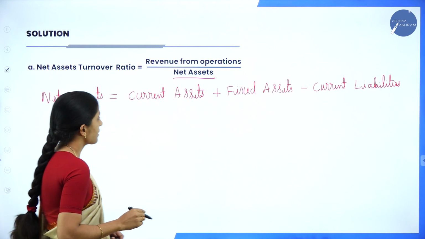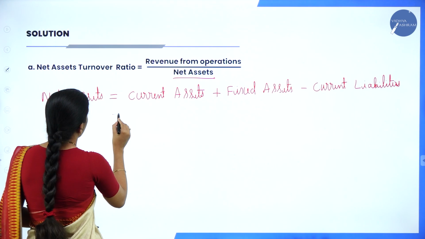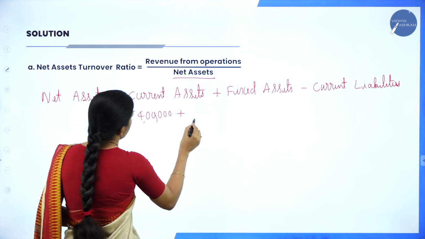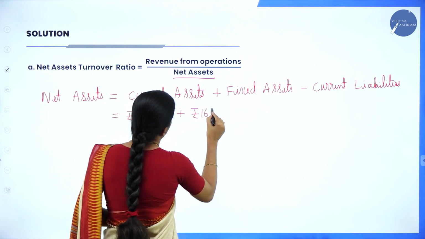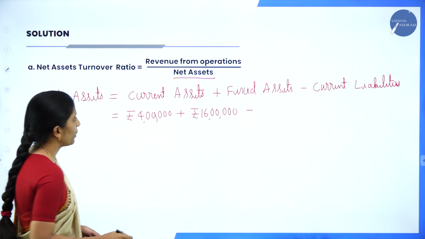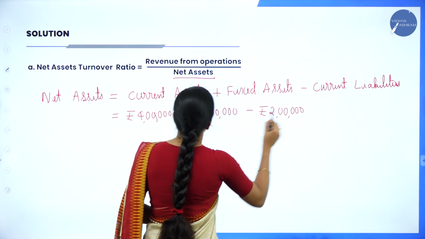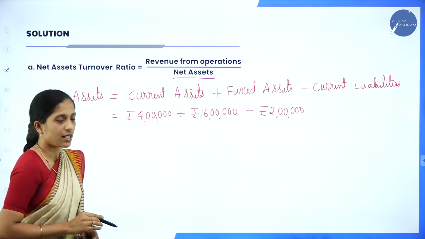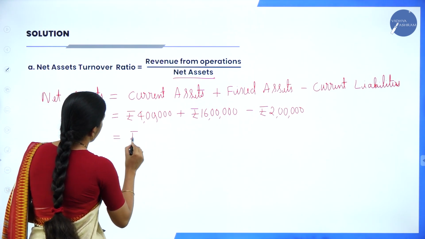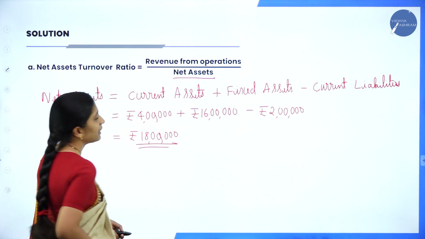Now how much is current assets? Current assets is rupees 4 lakh plus fixed assets rupees 16 lakh, minus current liability, which is rupees 2 lakh. So 16 plus 4, that is 20. 20 minus 2 lakh, that is rupees 18 lakh. So this will be net assets.